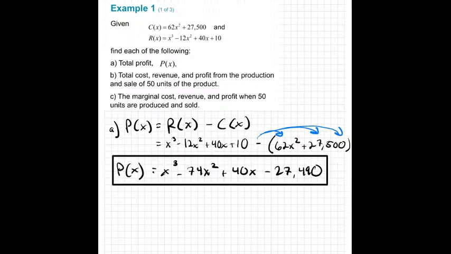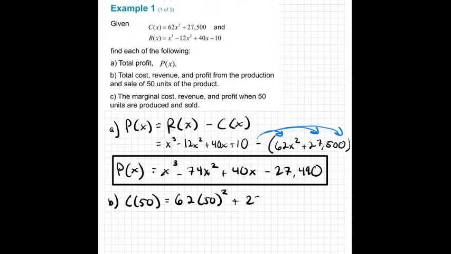Okay, and that was part A. Let's do part B, the total cost, revenue, and profit from the production and sale of 50 units. So basically they're asking for C of 50. On a calculator, that's 62 times 50 squared plus 27,500.